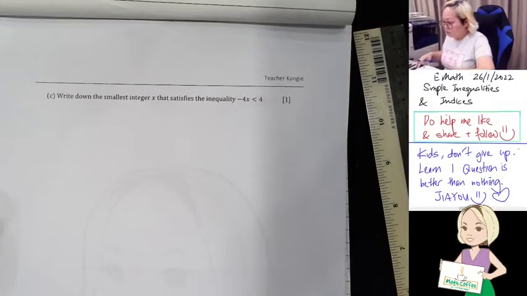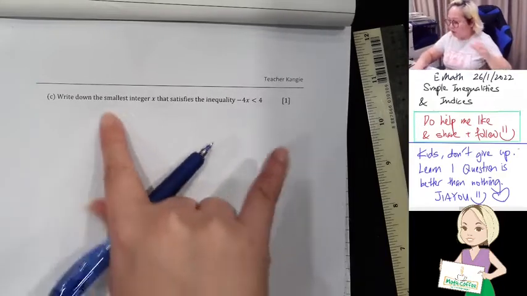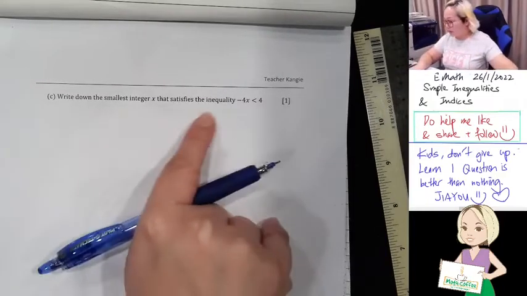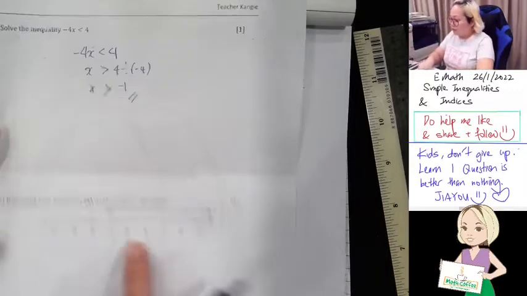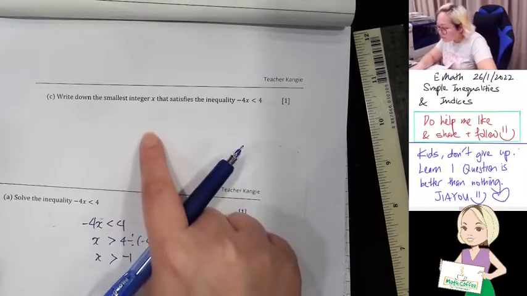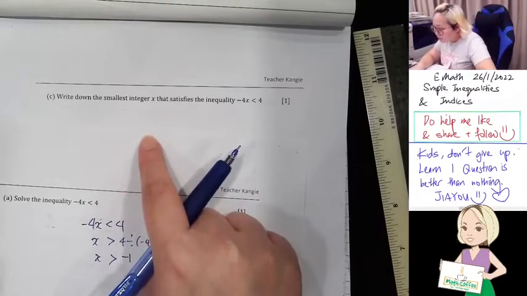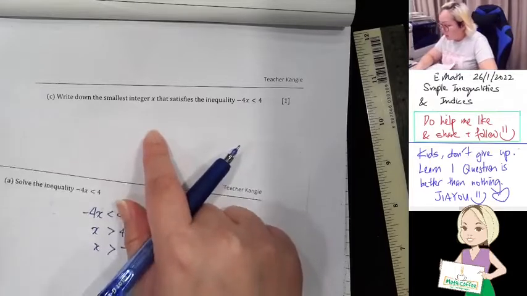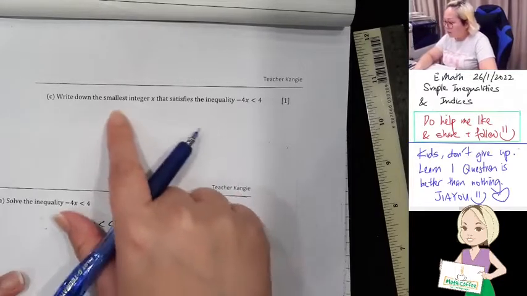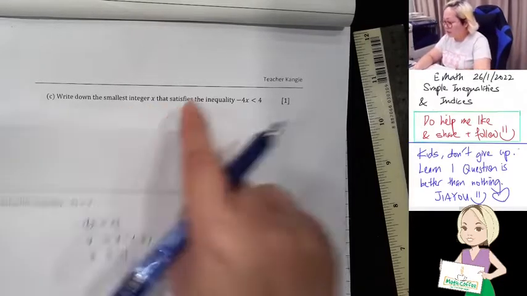Okay, so write down the smallest integer x that satisfies just now that one. Let's see, over here. So this range over here, okay, smallest integer x that satisfies here.